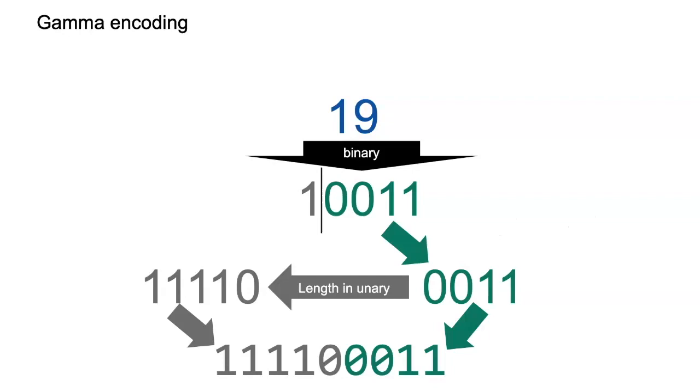So I explained to you that a universal encoding means that it is optimal asymptotically for any distribution in the input. And we saw that for the gamma encoding, the absolute upper bound is 3. So the average length of this encoding is at most 3 times the entropy.